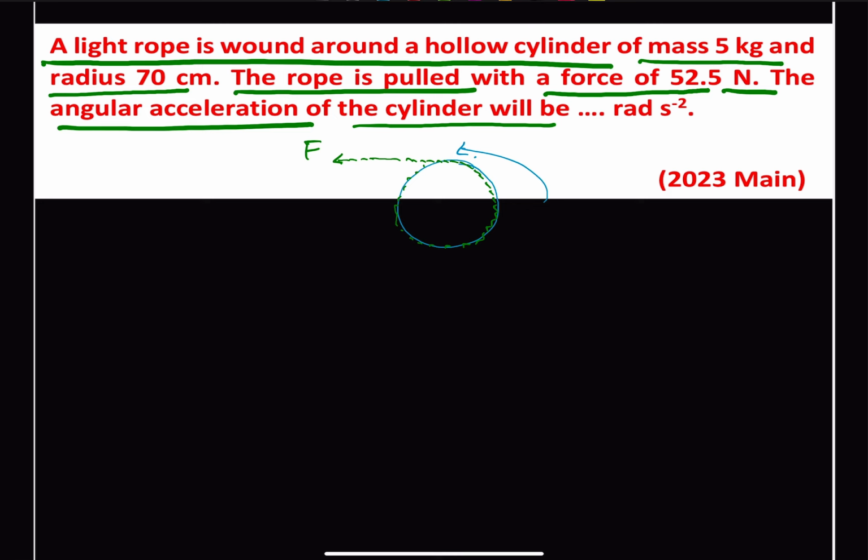Suppose angular velocity is omega, angular acceleration is alpha, and let us suppose this is our center O and R is the radius. So this force will be generating a torque on this cylinder.